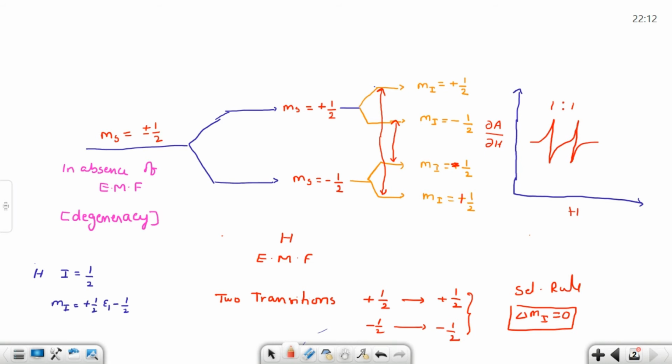So friends, this is the ESR spectrum of hydrogen radical.